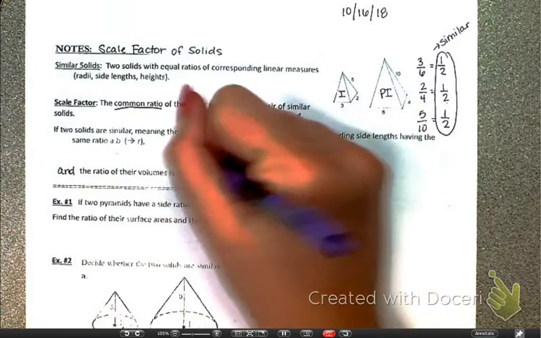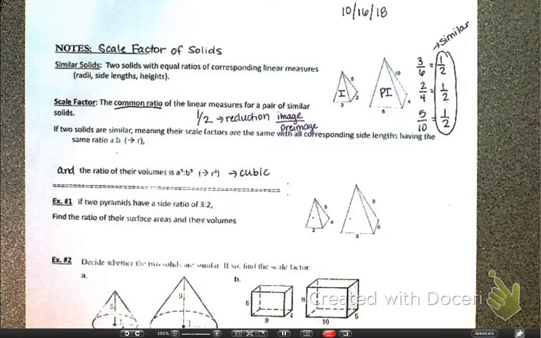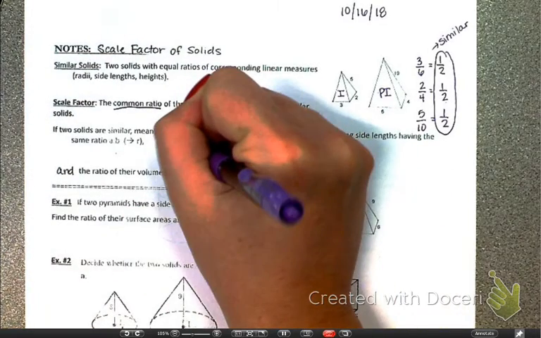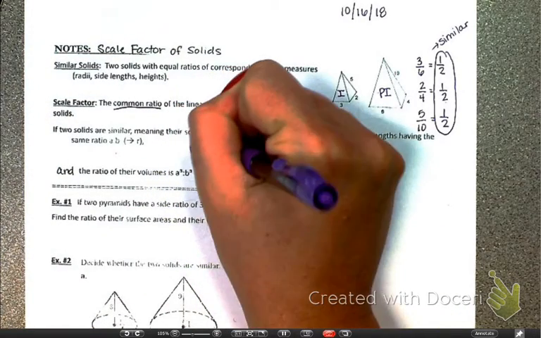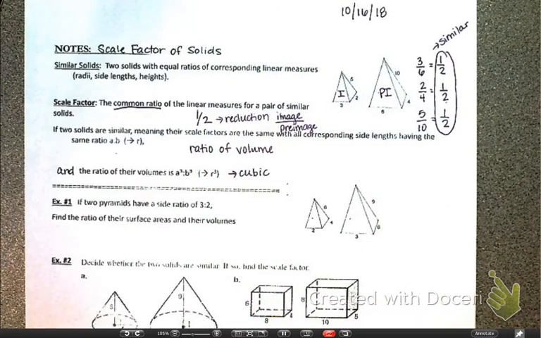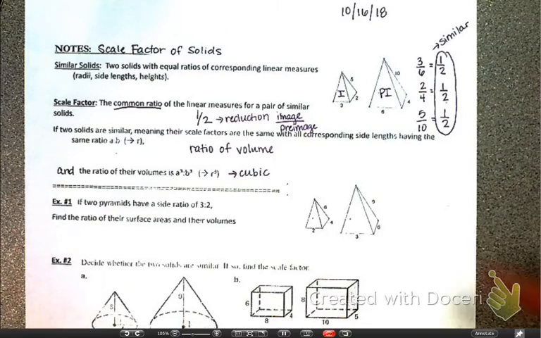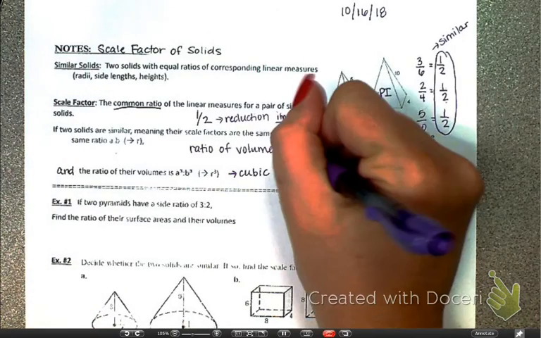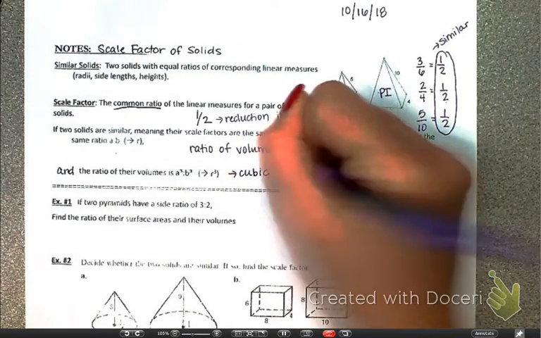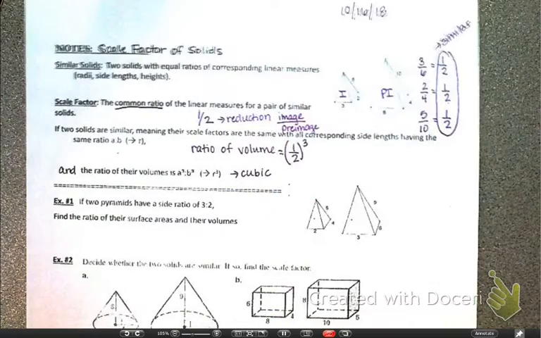So we have cubic units, which means if we know what our scale factor is, if we want what's called the ratio of volumes, we are going to cube our scale factor. So what's our scale factor again for the problem above? 1/2. But I want the ratio of volumes, so I'm going to cube my scale factor.